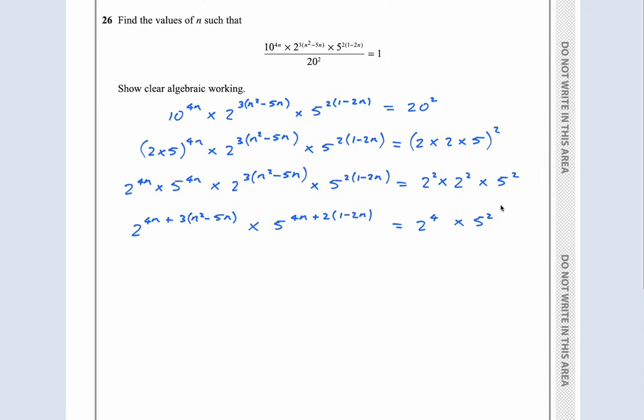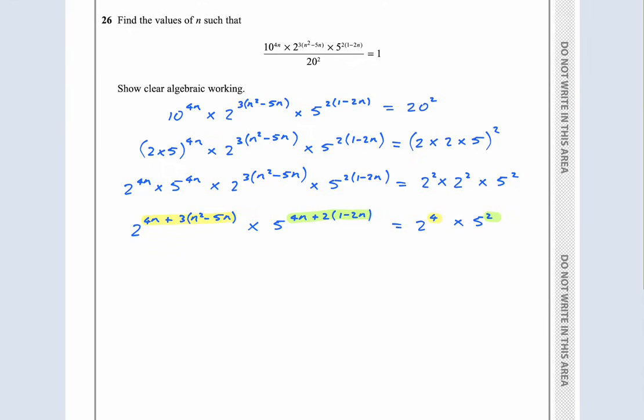Okay, now to find the values of n, I need a situation where this has to equal 2, and this has to equal 4, because the power of 5, let me show you this here, this power of 5 has to equal this 2, otherwise there's no way these two sides could be equal, and this has to equal this.